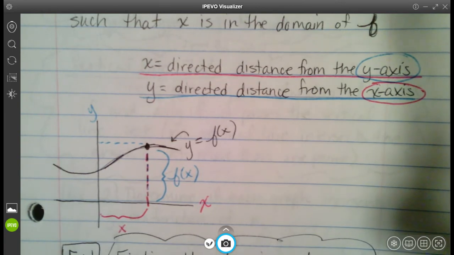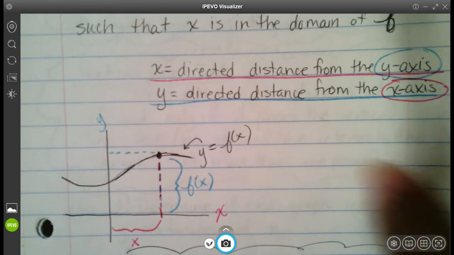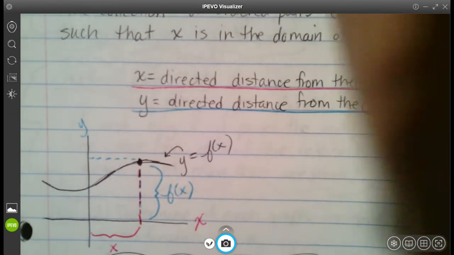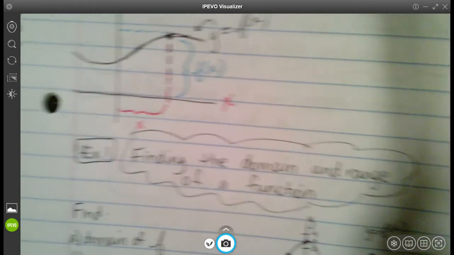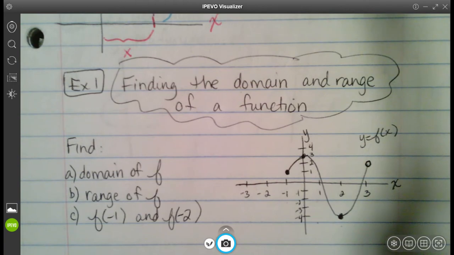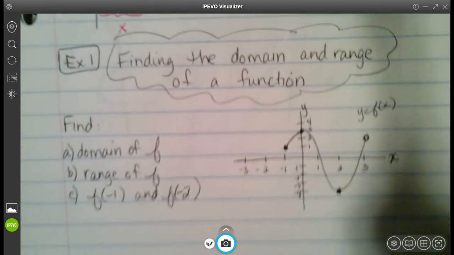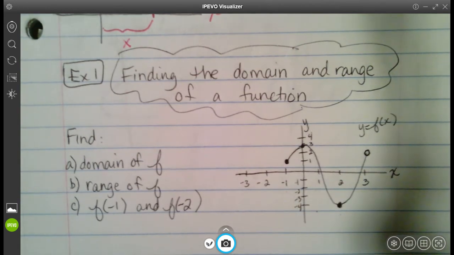All right, we're going to go right into an example. This one is not too long, but it still has quite a bit of topics we've got to cover. We have example number 1, finding the domain and range of a function. This one should be review. We have a graph, and we're being asked to find the domain and range of f. This is our f function right here.